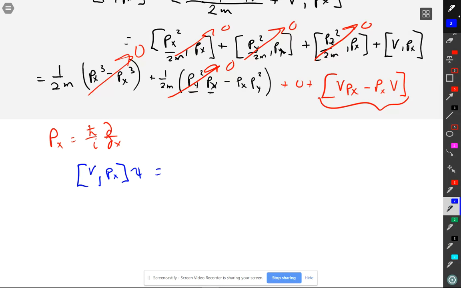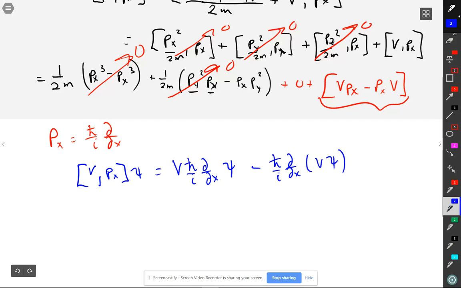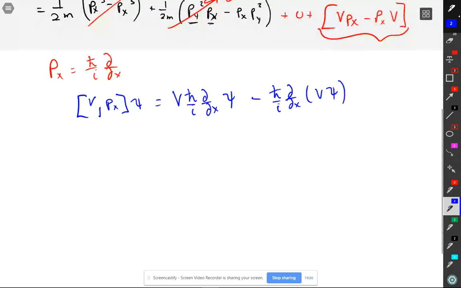Now you have to remember I'm going to take out the psi when I'm done. I have to put it here because I have something to take a derivative of. So then I'm going to have V h bar over i d/dx psi minus h bar over i d/dx of V psi, which means I have to use the product rule in the second one.